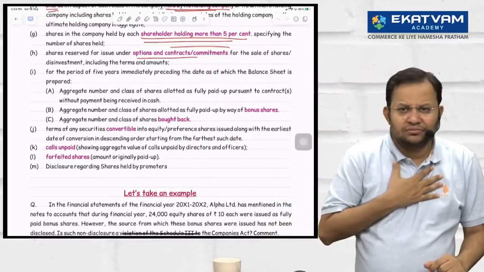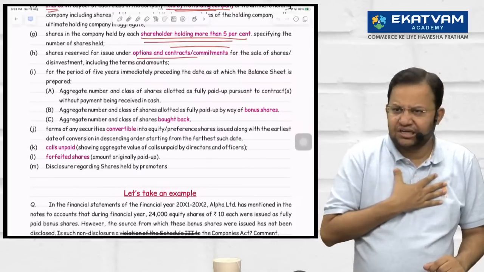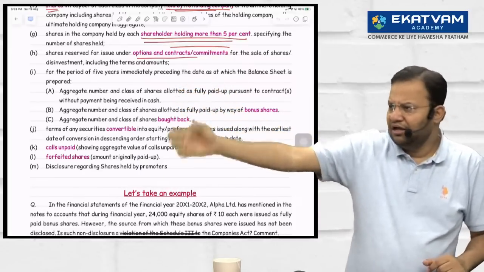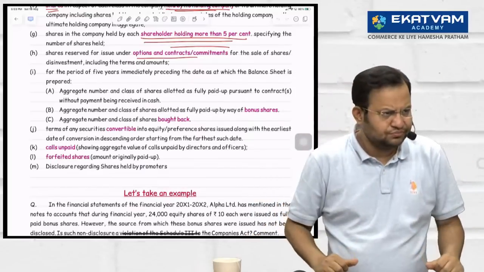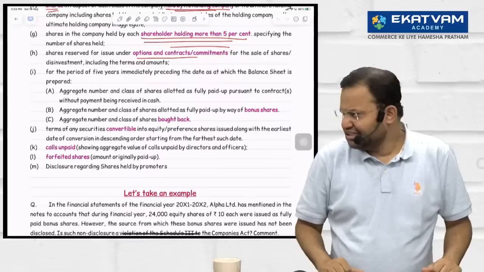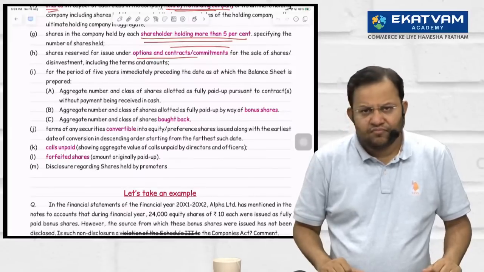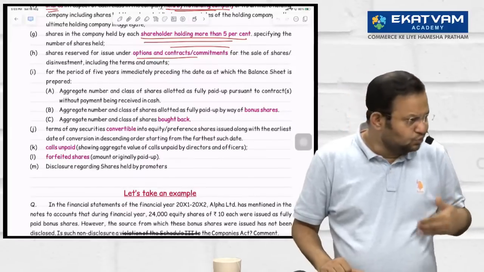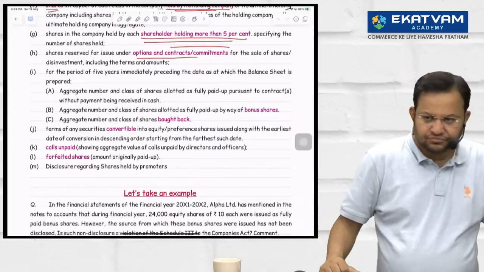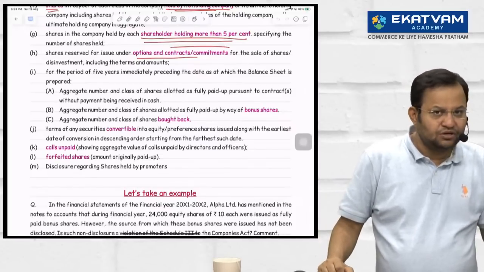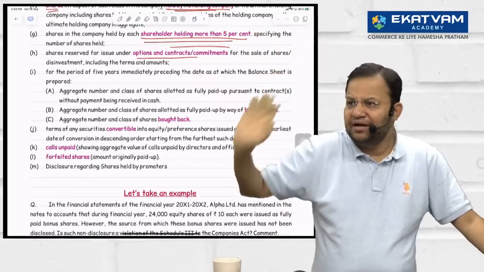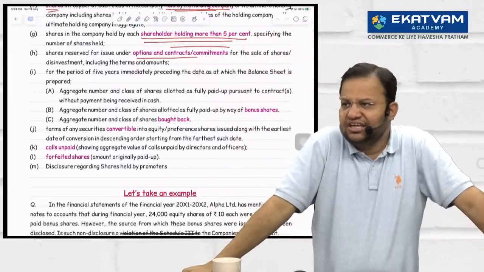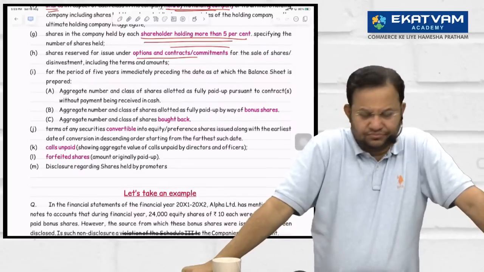I am an employer. I am a Vijay Shekhar Sharma. You are employees of Paytm. I give option to you people to buy shares of a company at a future date at a predetermined price. Such thing is called as an option.